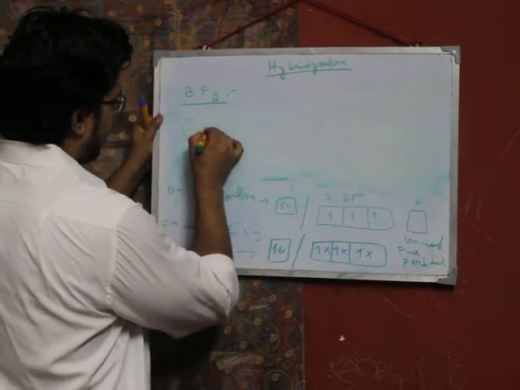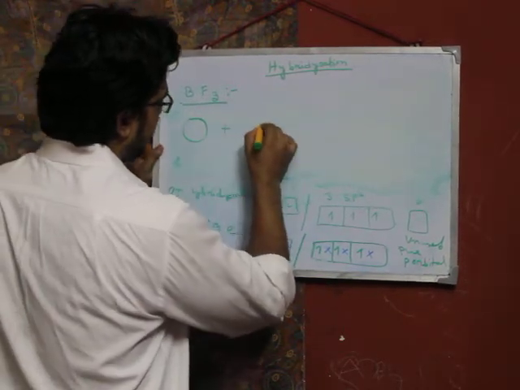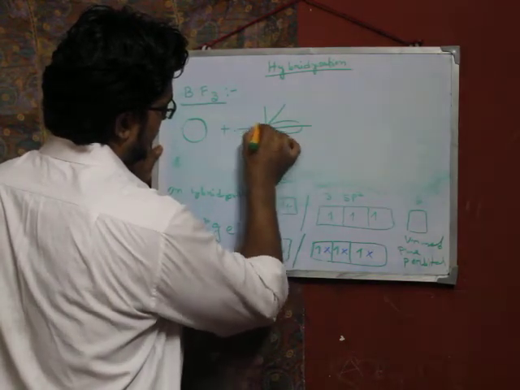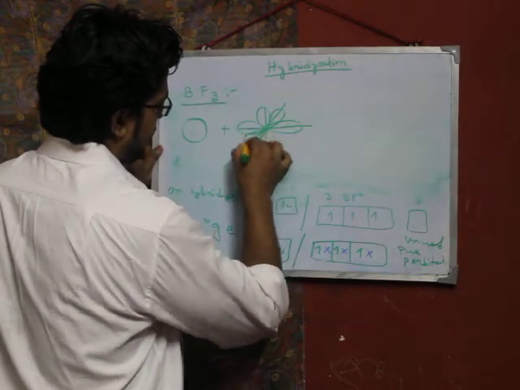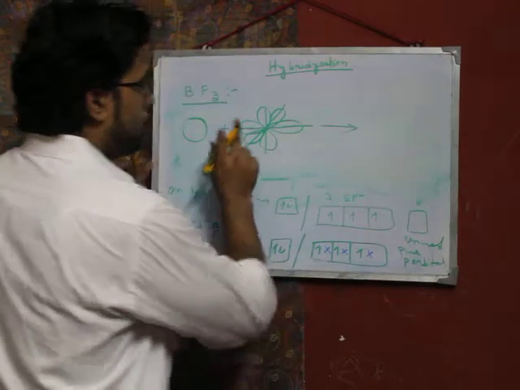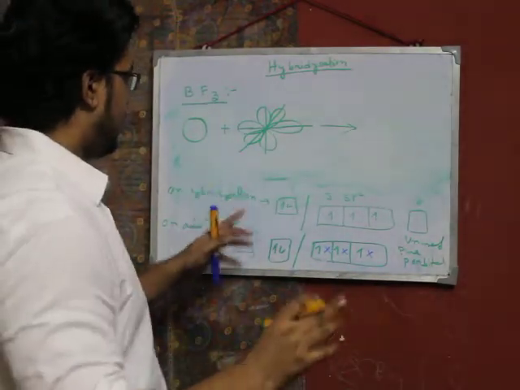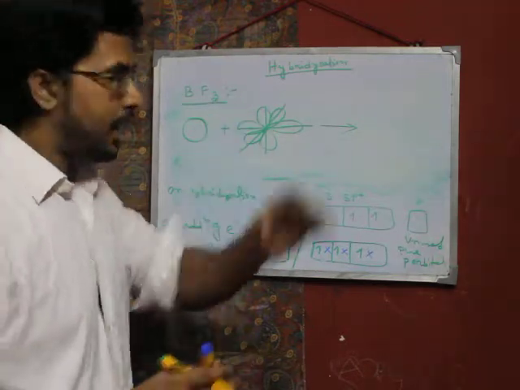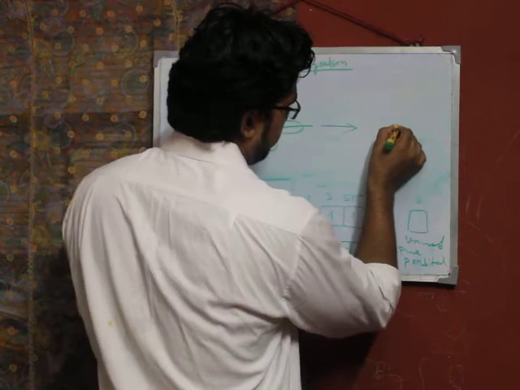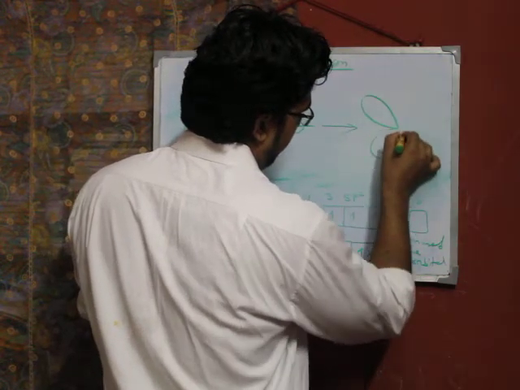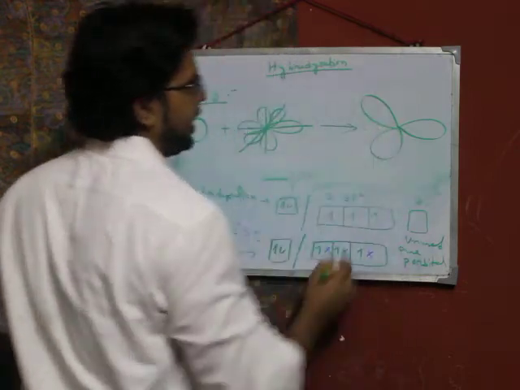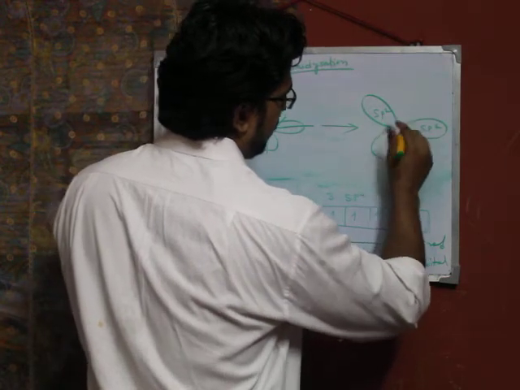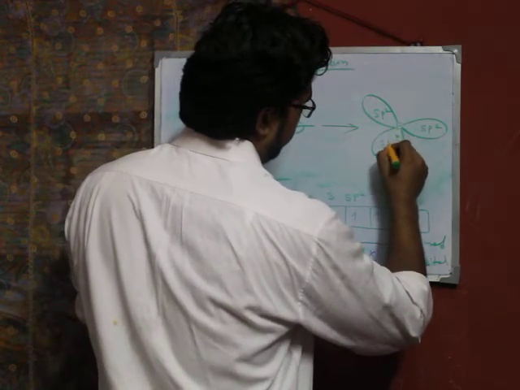One s orbital and two p orbitals form the sp2 hybrid orbitals. Once again, one p orbital remains unused. This is the sp2 hybrid orbital of the boron atom, right?